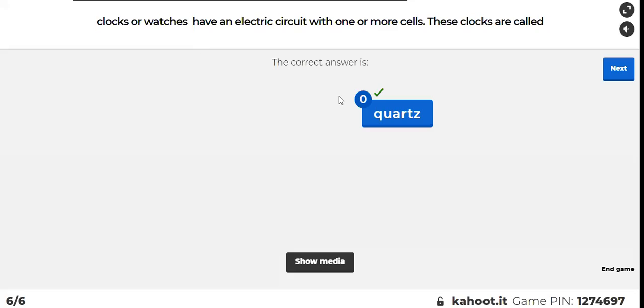Quartz would be digital also. It will be digital also. Okay.